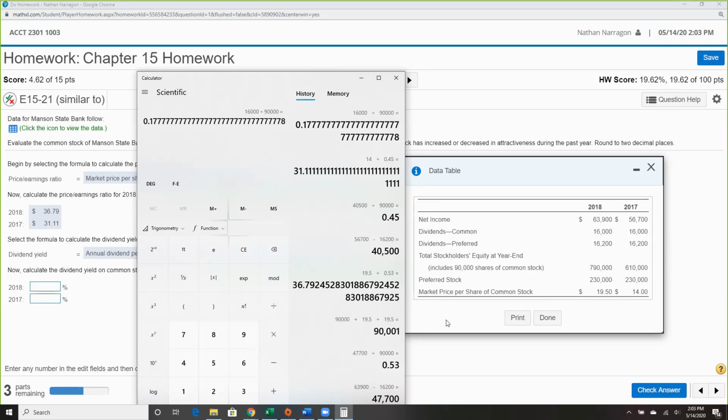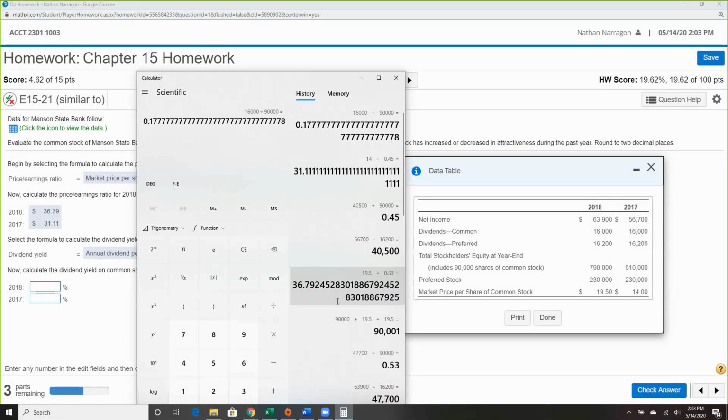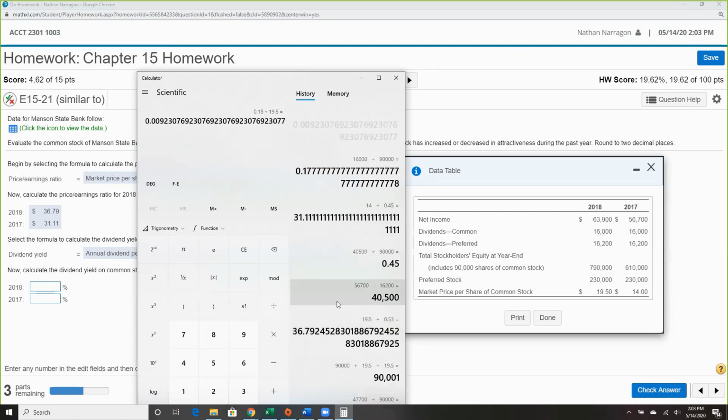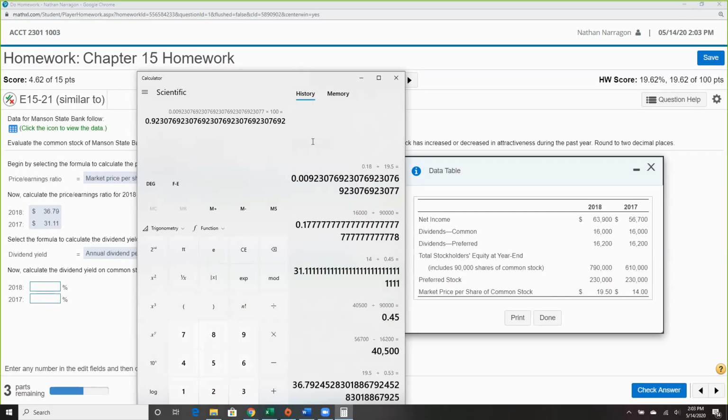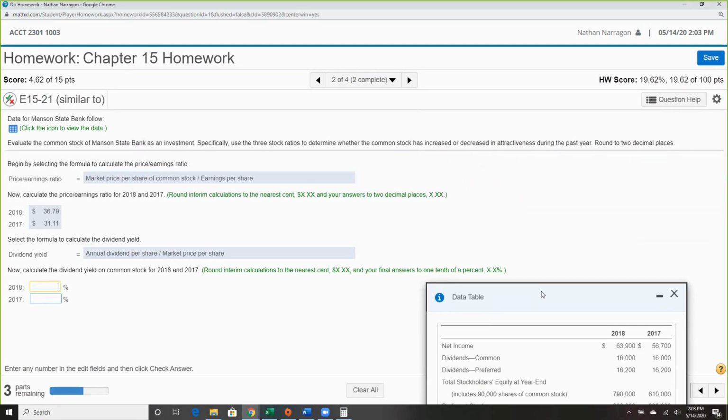Yay! Okay? So annual dividends divided by market share. 0.18 divided by 19.50. Whoa. Oh, this is a percentage, so times it by 100. We're looking at about a 10th percentage.